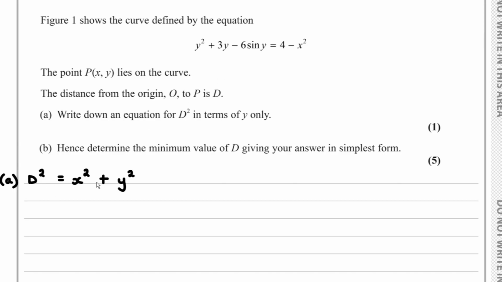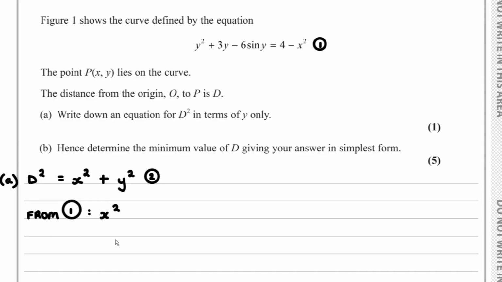So, what we need to do is rewrite this equation in terms of y only. Now, using this equation, which I will call equation 1, we can rearrange for x squared and substitute into this equation, which I will call equation 2.